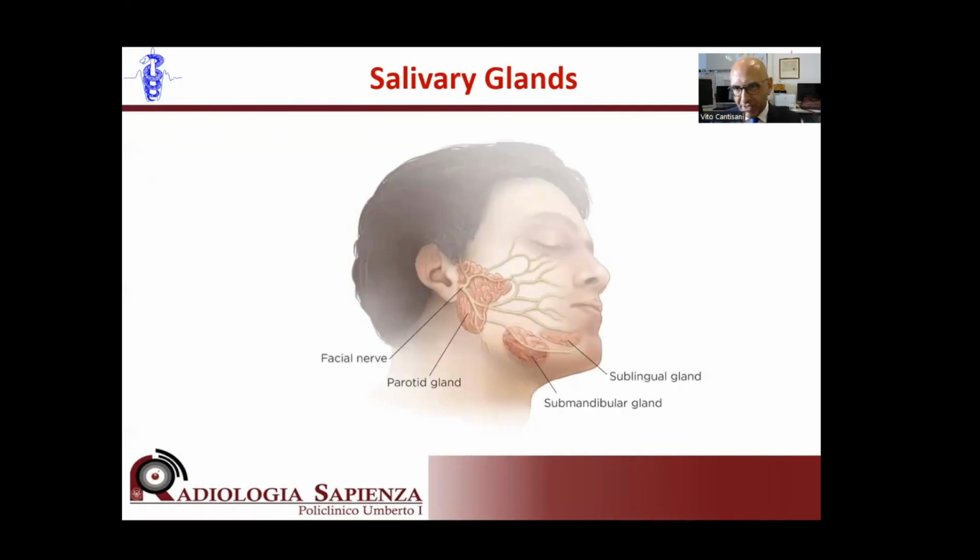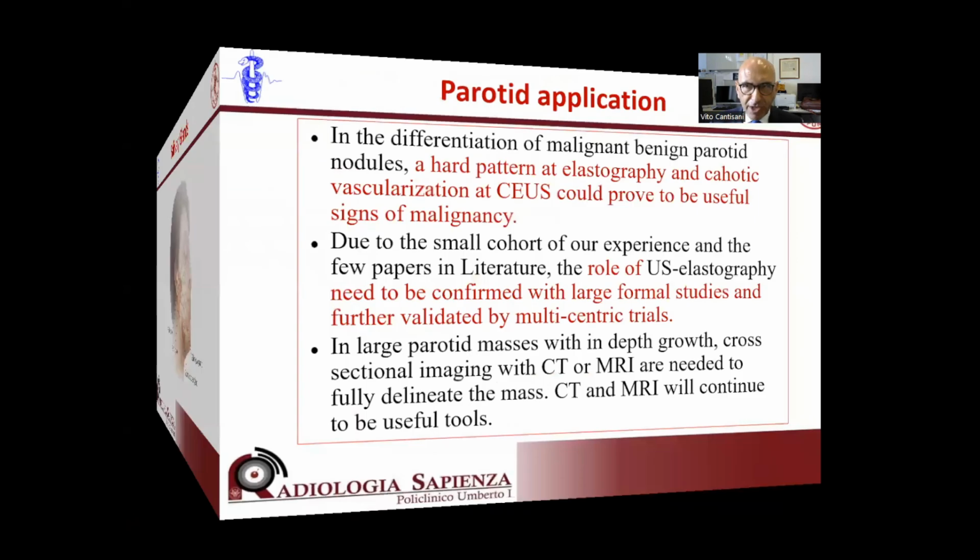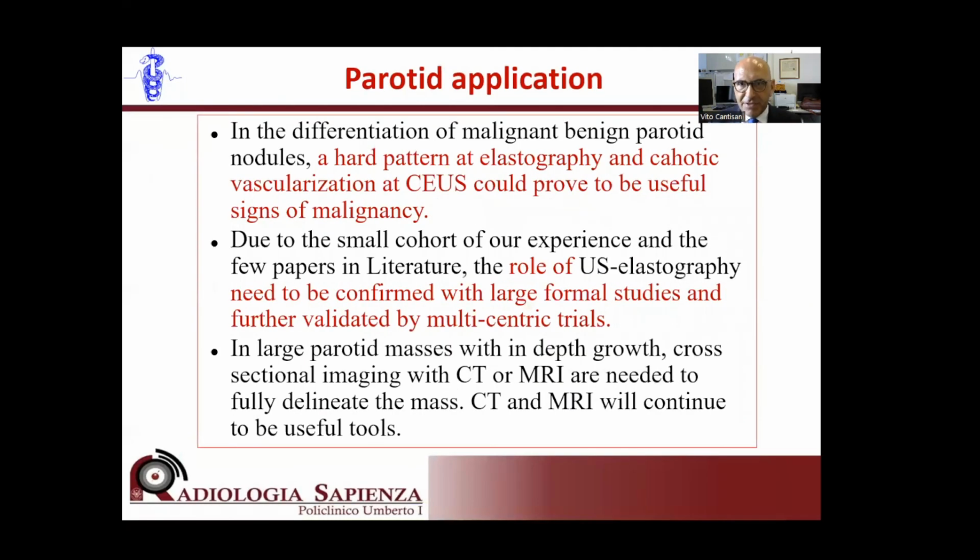What about salivary glands? We have some statements already. If you see a lesion that is infiltrative, that has a really worrisome appearance at baseline, markedly hypoechoic, characterized by chaotic vascularization or hard pattern elastography, be aware, this could be malignant, although they are rare.